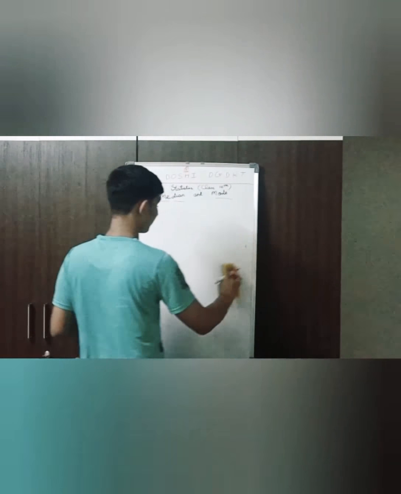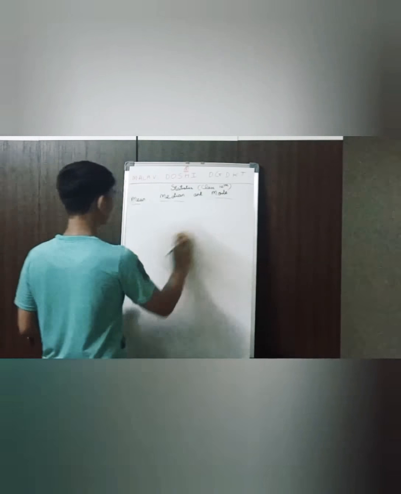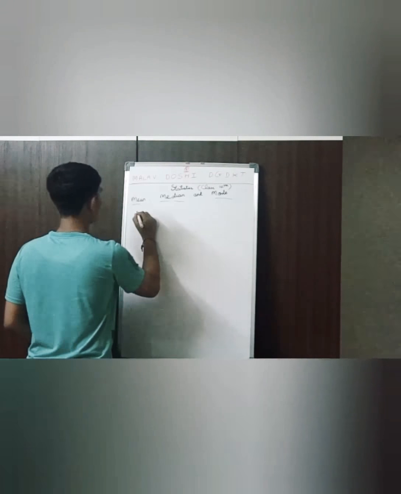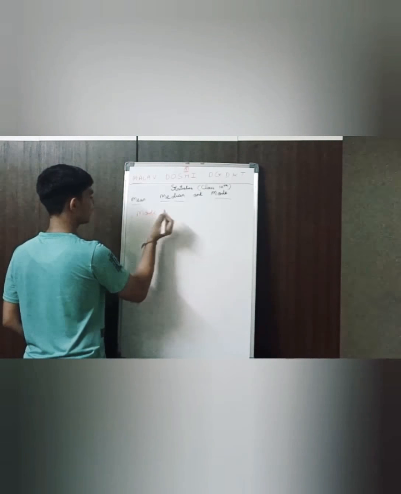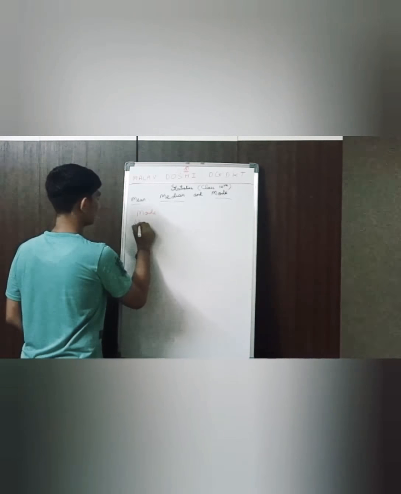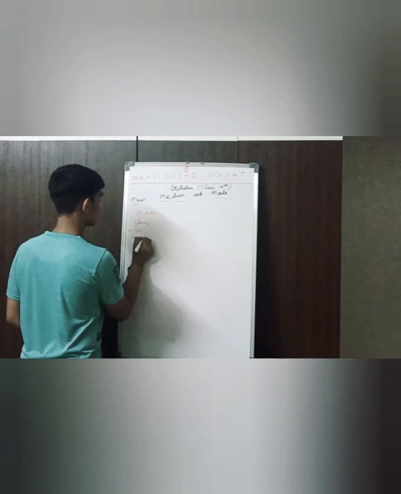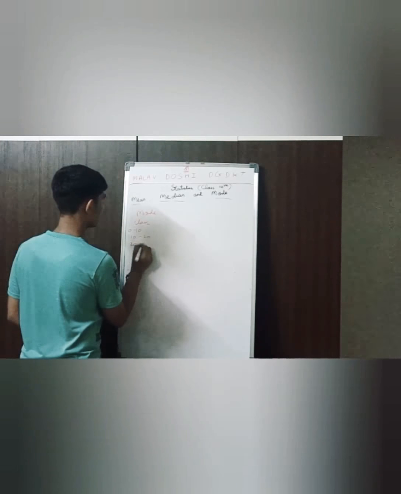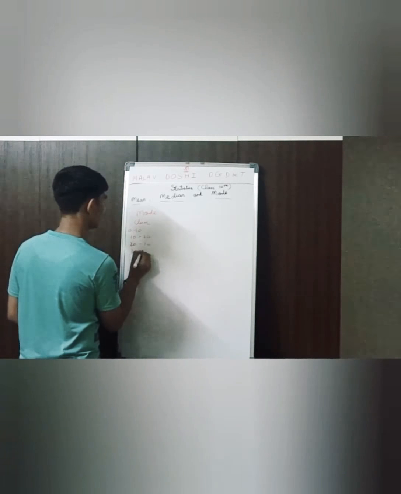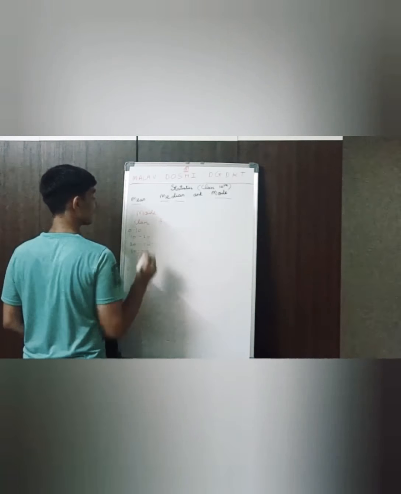Okay. Now let's talk about mode. Mode is also simple. Mode is, I think, the simplest one you can ever get. Now let's write our same classes: 0 to 10, 10 to 20, 20 to 30, 30 to 40. There is our fi.